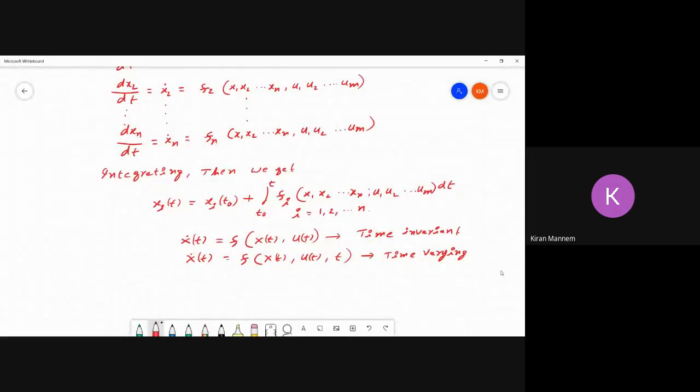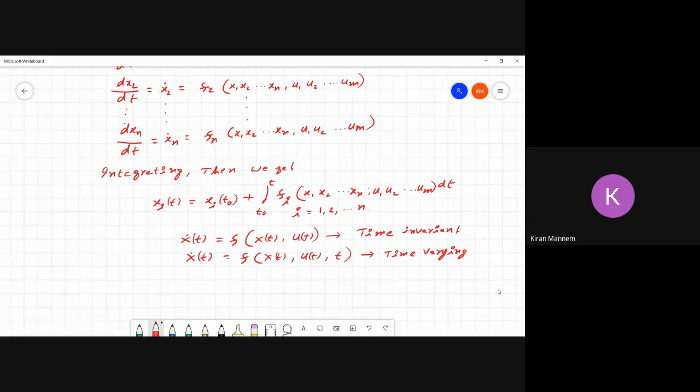Before that, this state space analysis can be applied to any type of system: electrical system, mechanical system, biological system, or any kind of system. Time varying, time invariant, linear, non-linear, whatever it is. But our interest is to find out the state model of linear time invariant system.